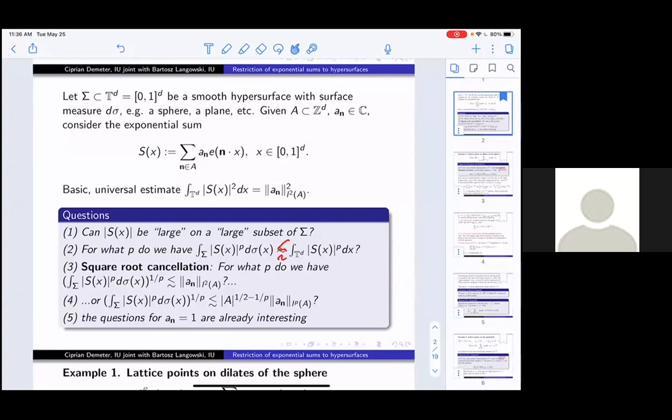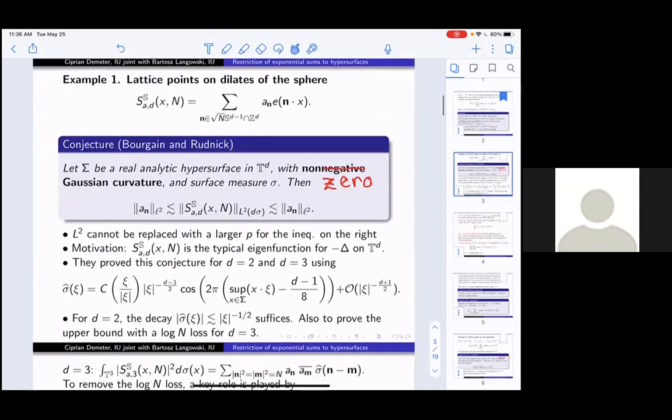So I'll get to example 1. These questions are sometimes easy if A is a whole block of integers, perhaps the whole cube or something, but the interest lies in the case when A itself lies on some manifold.